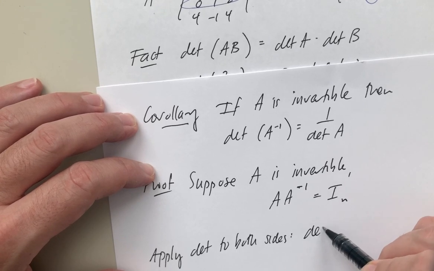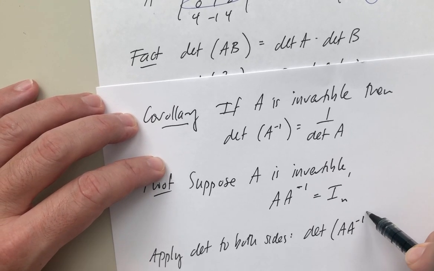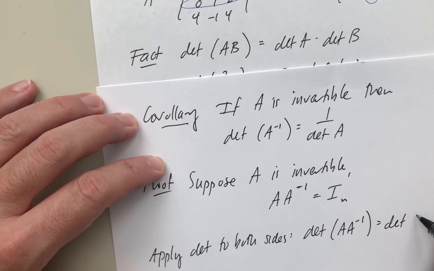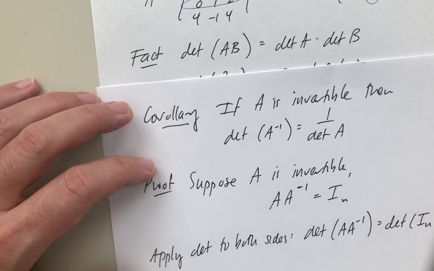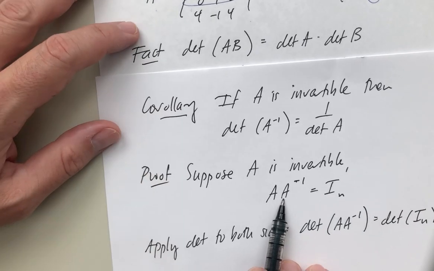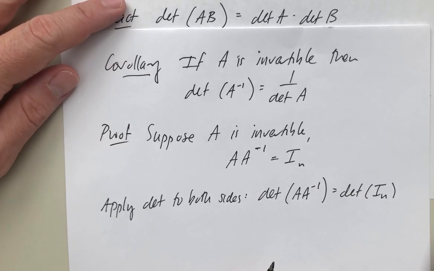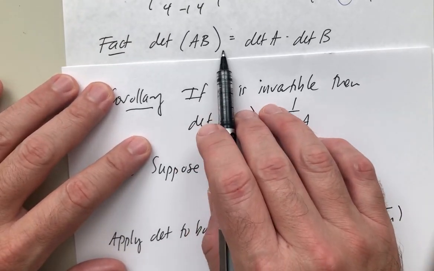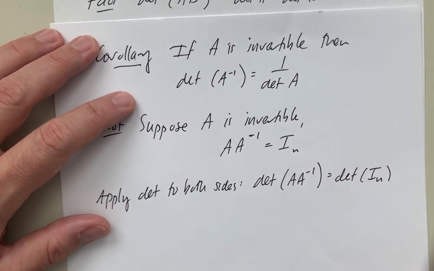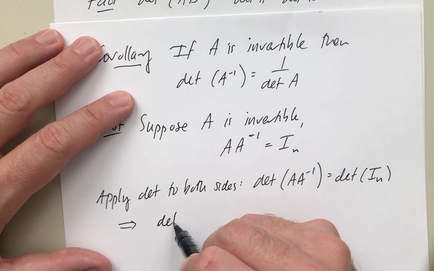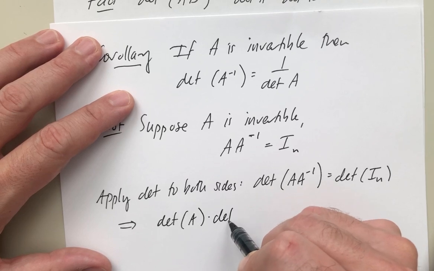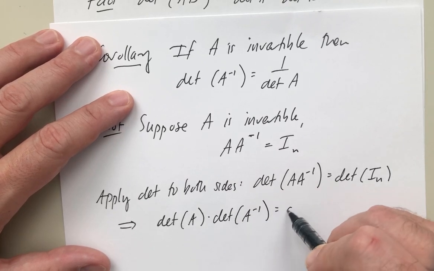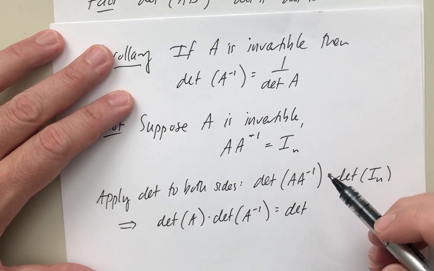So the determinant of A times A inverse is equal to the determinant of I_n. I'm just applying the determinant to both sides of this equation. And then what do we have? Well, we know that the determinant of the product of two matrices is the product of the determinants. So this implies that det of A times det of A inverse equals det of I_n.